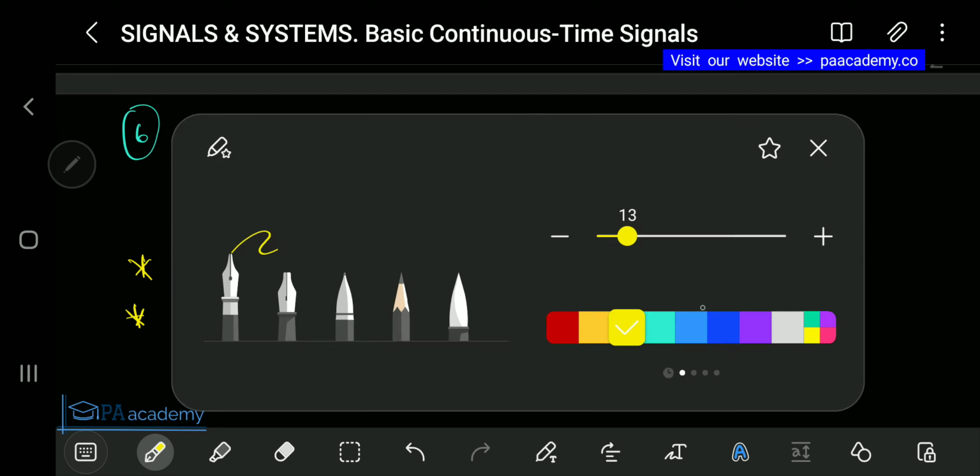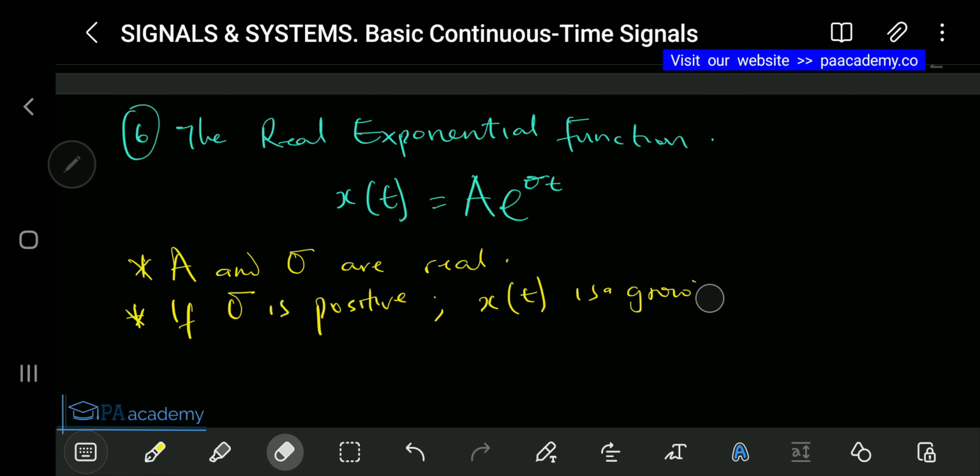So let me write this properly. If our sigma is positive, that means our x of t is a growing exponential signal, and I'm going to show you that in a bit.